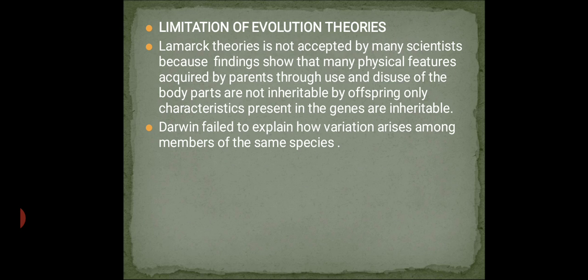Most of his theory was rejected by the scientists. One experiment used to disprove his theory was by August Weismann, a German zoologist, who made use of rats. He cut the tail of the male rat and the female rat and allowed them to mate.